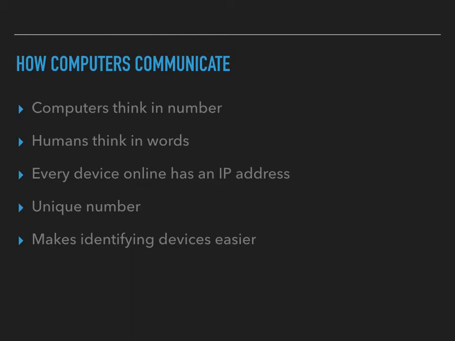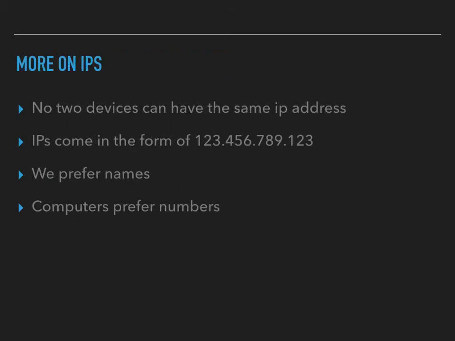And this is a unique number assigned to each device as it goes online. So it doesn't matter if it's your smart TV, if it's your router, if it's a smart oven, if it's a smart refrigerator, everything has to have an IP address. And because it's a unique number, and because it's a number, computers understand it, and it makes it easier for them to understand. Now, no two devices can have the same IP address.